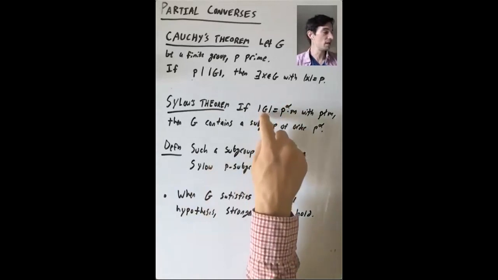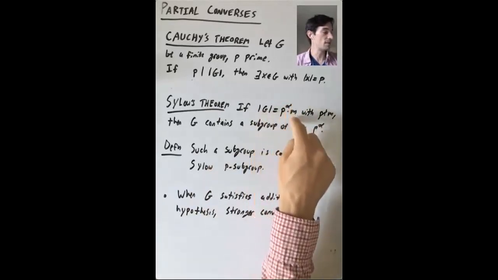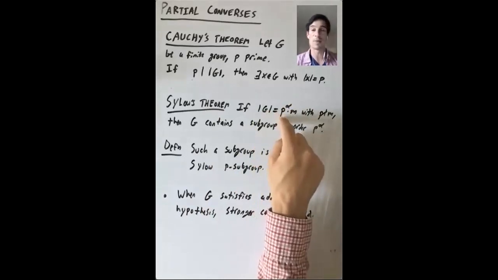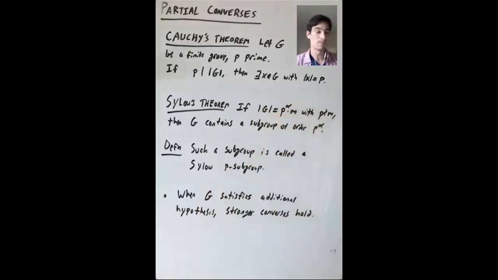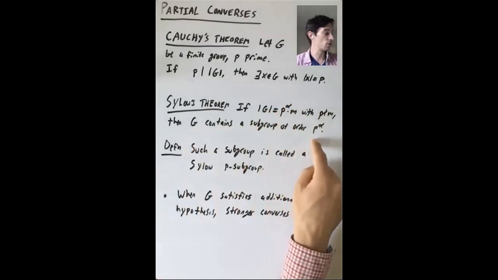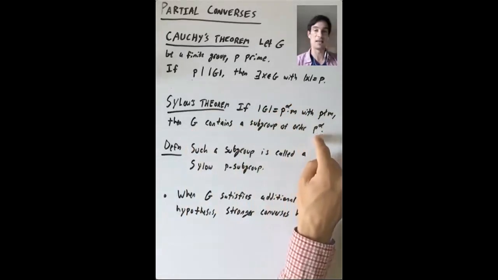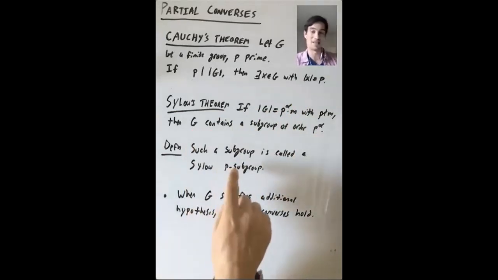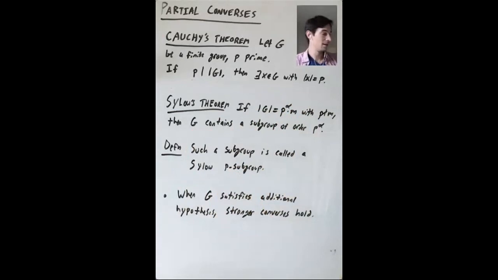So G, the order is p to the alpha times m, where p does not divide m. So p to the alpha is the largest power of p dividing the order of G. There must exist a subgroup of order p to the alpha. So if you have a subgroup of this order, and Sylow's theorem says that you always have at least one, it's called a Sylow p-subgroup.